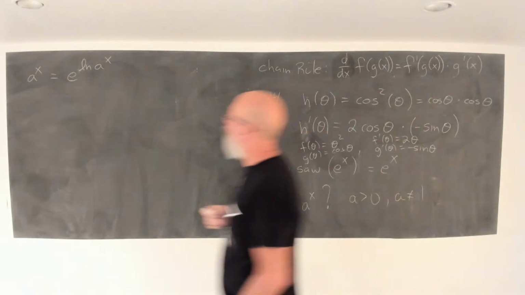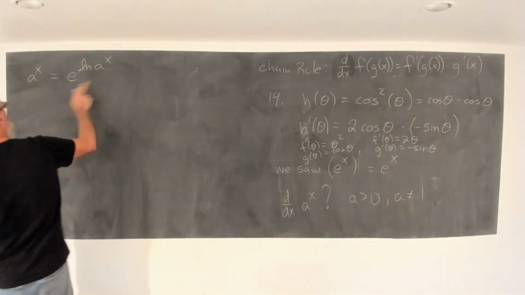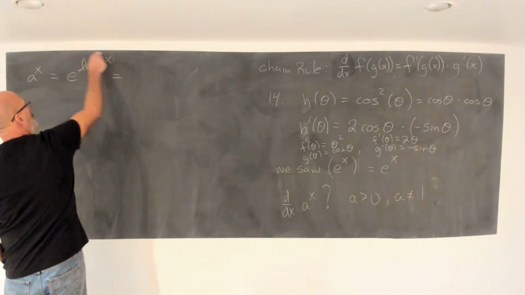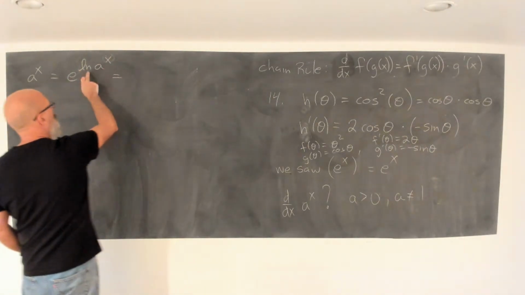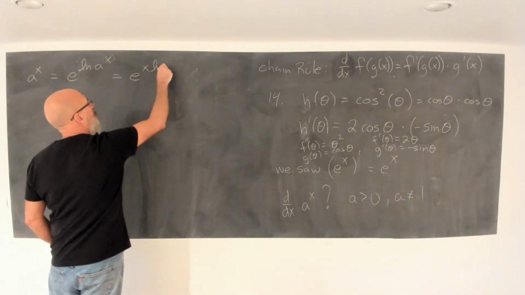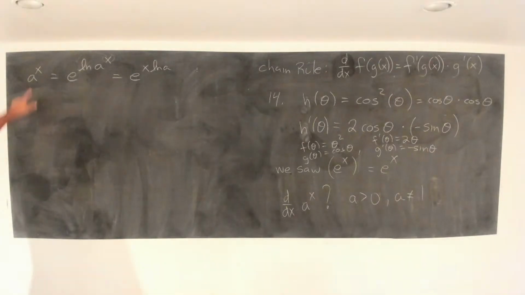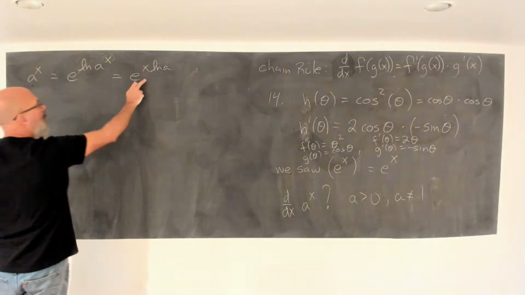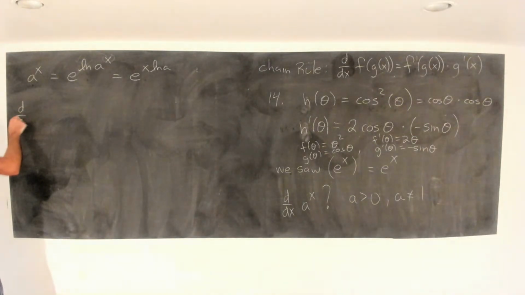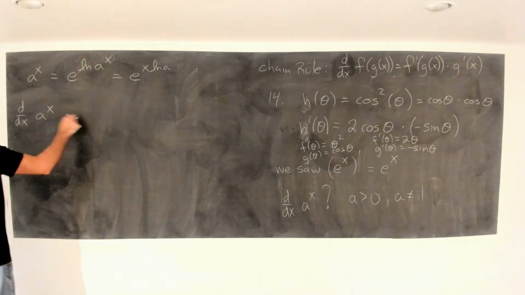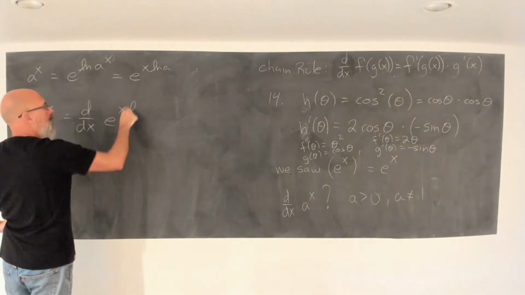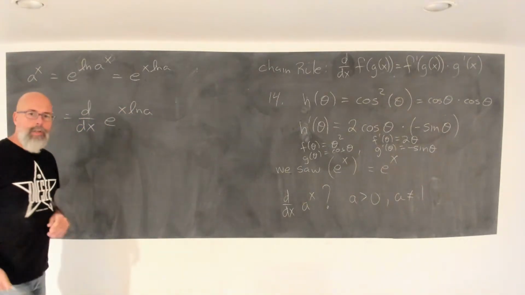So instead of differentiating this, we could differentiate this, which by properties of the logarithm is e to the x ln a. So the derivative of this is going to be the same as the derivative of that. We can differentiate this instead, which may be simpler.